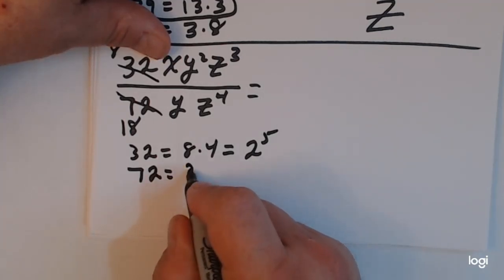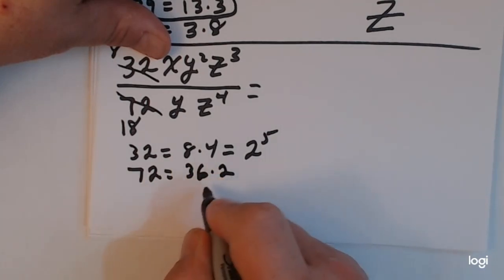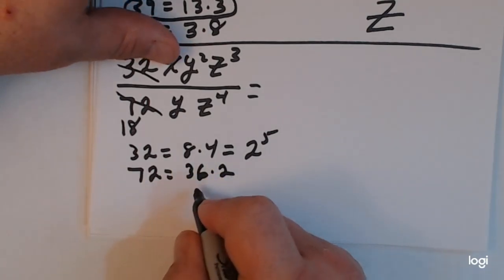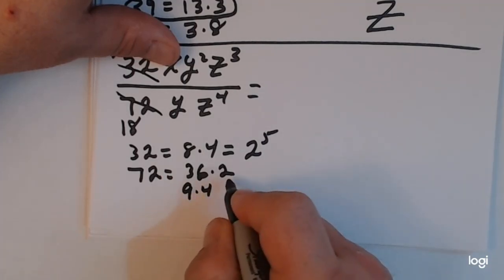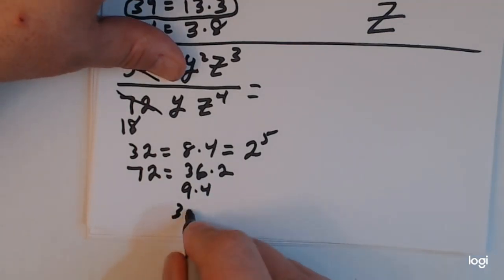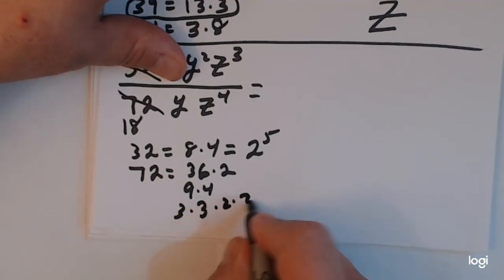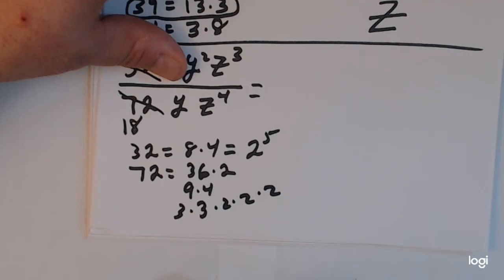And 72 is 36 times 2. And 36 is 9 times 4. So we have 3 times 3 times 2 times 2 times 2.